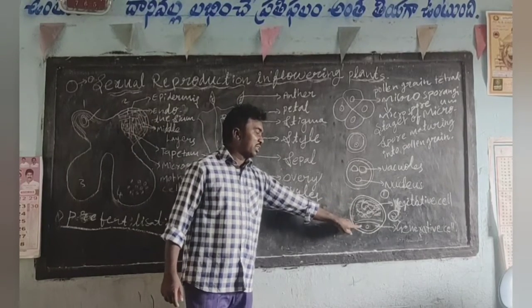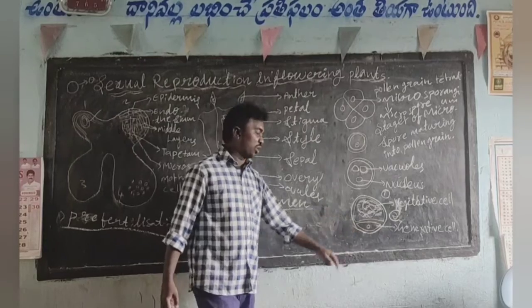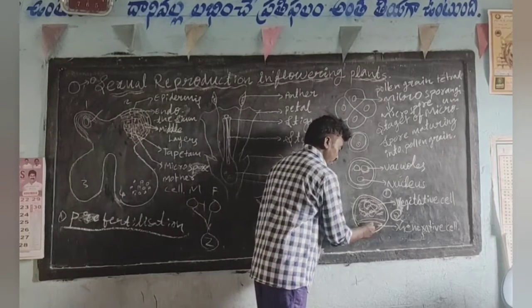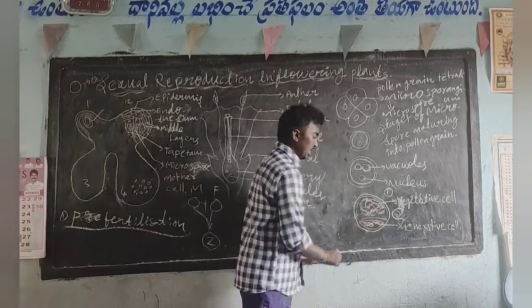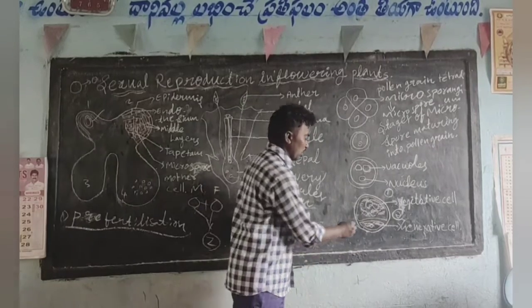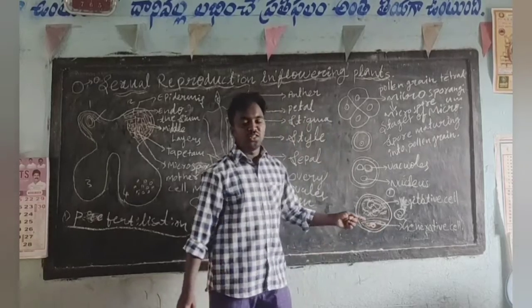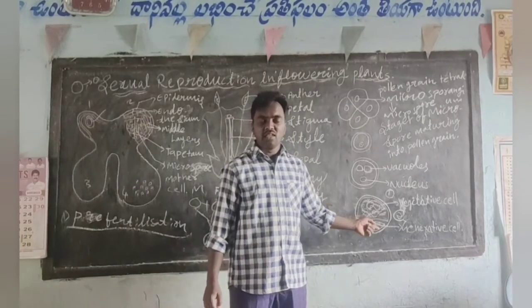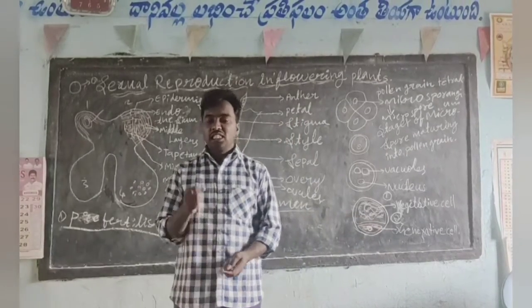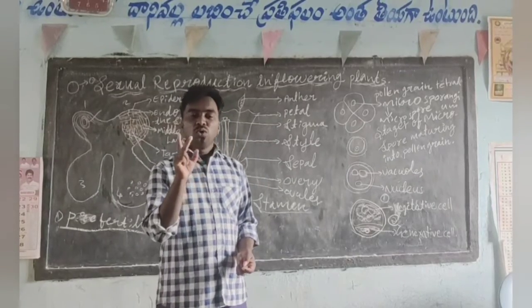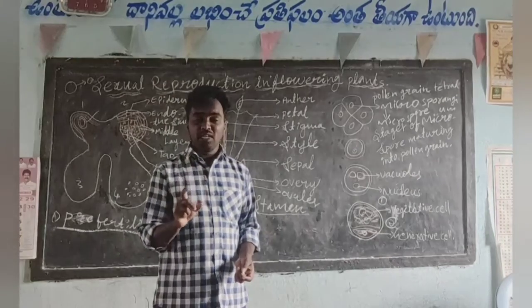At the same time, this generative cell also contains cytoplasm. A nucleus is also present within the generative cell, and this nucleus is divided into two male gametes. Okay.